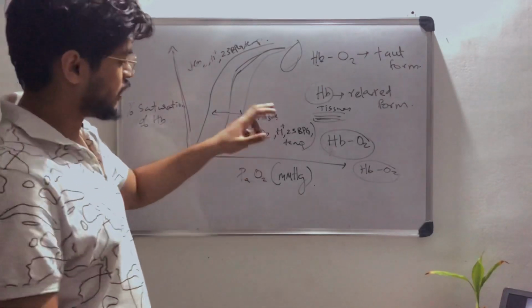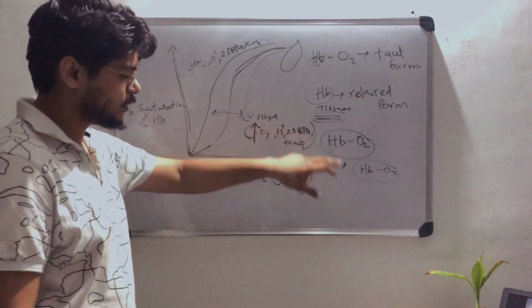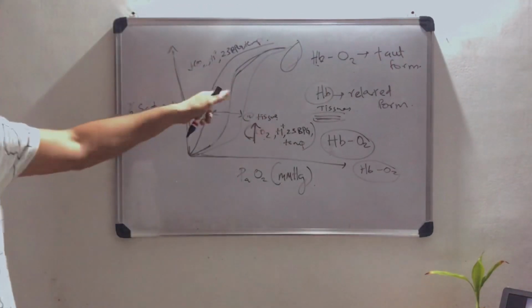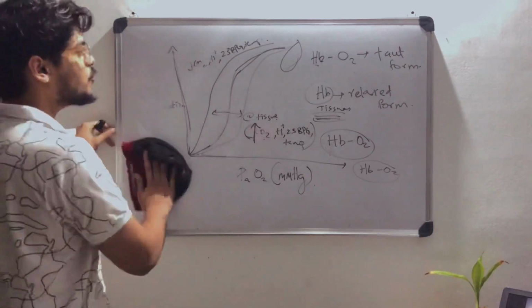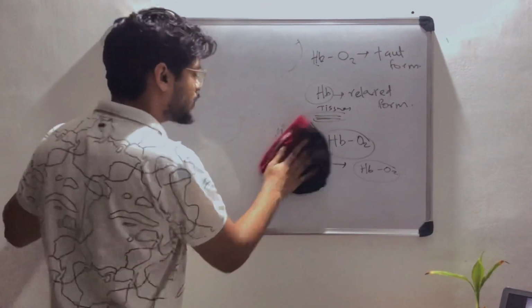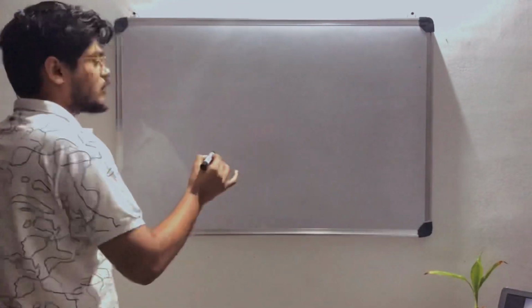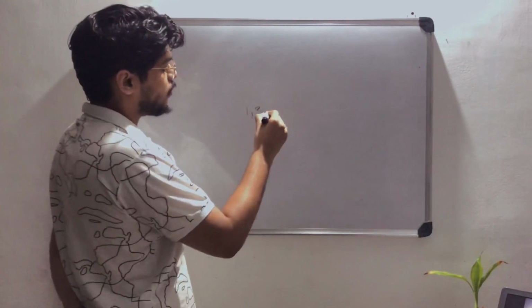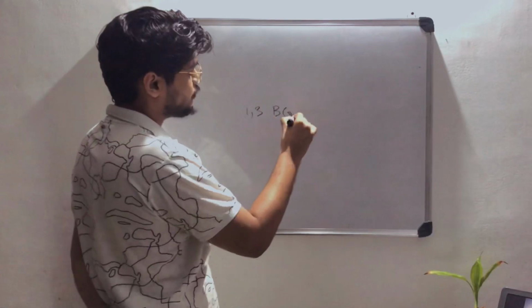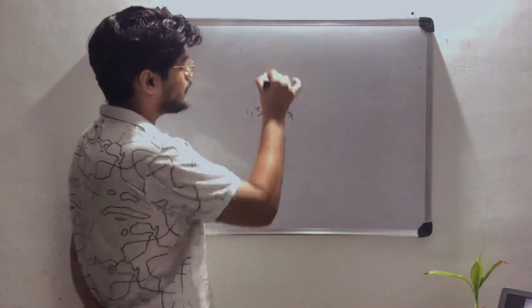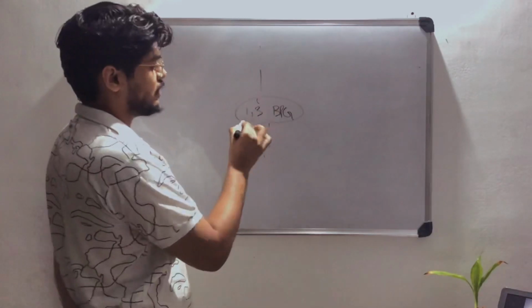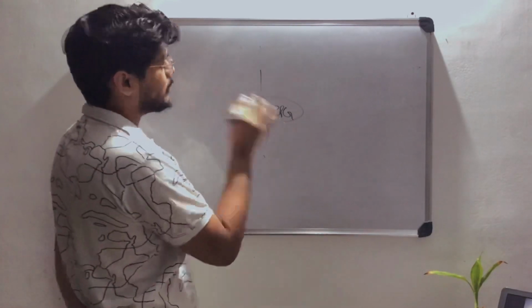We know carbon dioxide, H plus and temperature. Let's see what 2,3 BPG actually is. So we have learned this shift, right? Now let's check into 2,3 BPG. So we know in glycolysis we have an intermediate compound called 1,3 BPG. There is glycolysis happening, and in the middle there is an intermediate called 1,3 BPG.